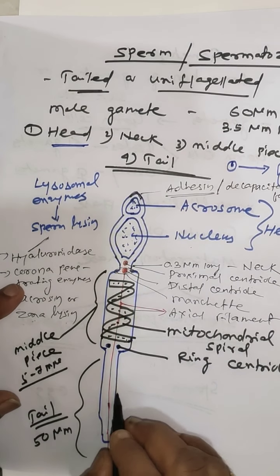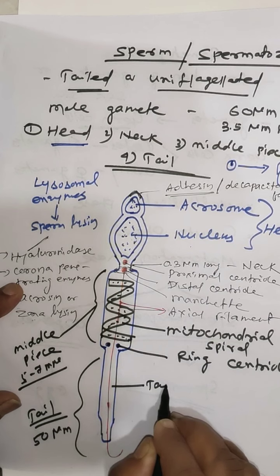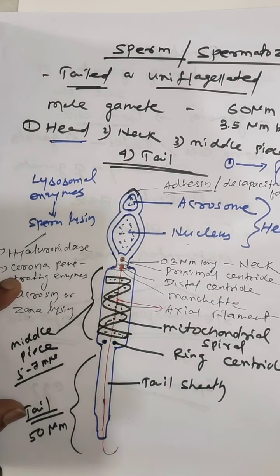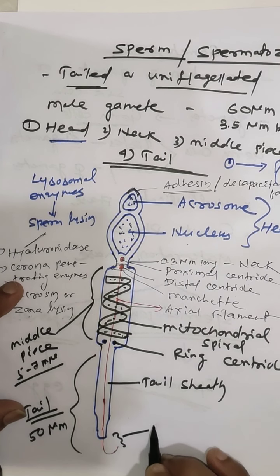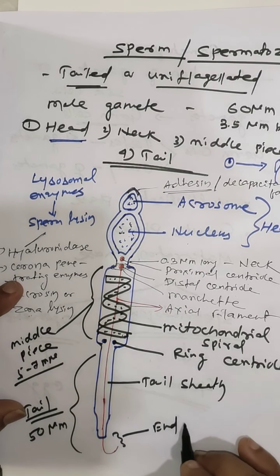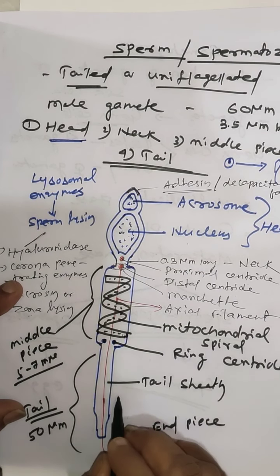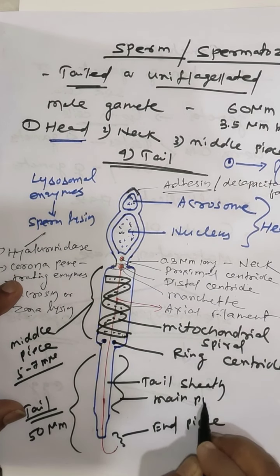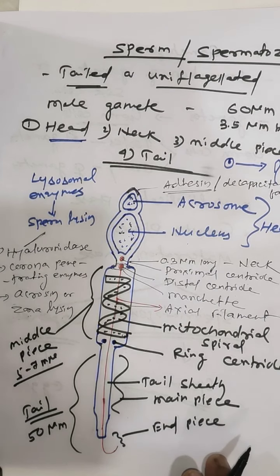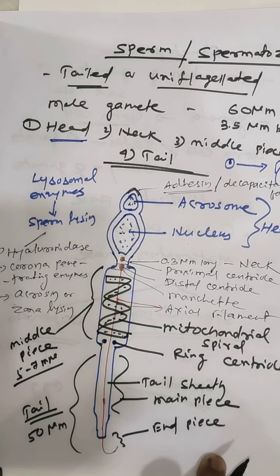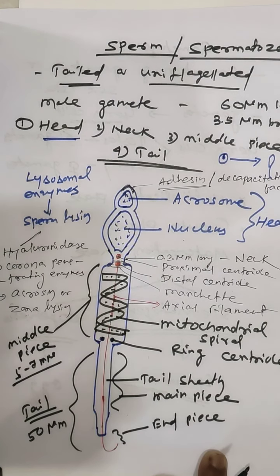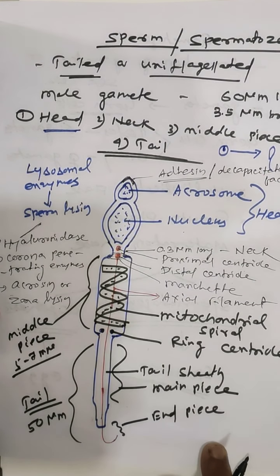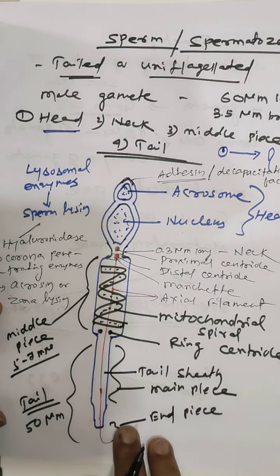Its anterior part, having a tail sheath, meaning cytoplasm is present, is called the main piece, and the posterior part is called the end piece, without any tail sheath or cytoplasm. It is the longest part.